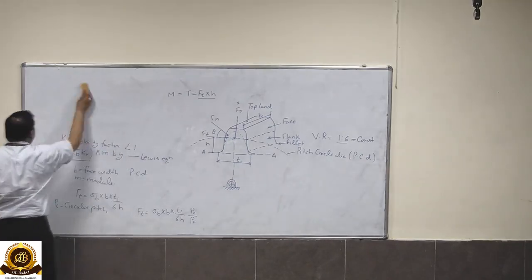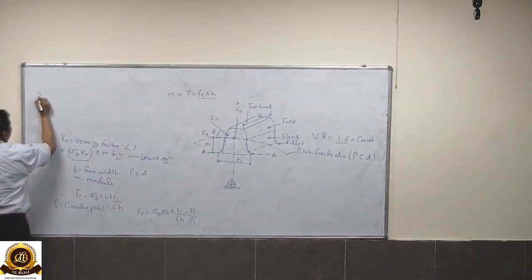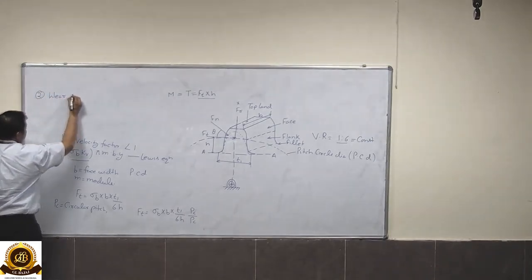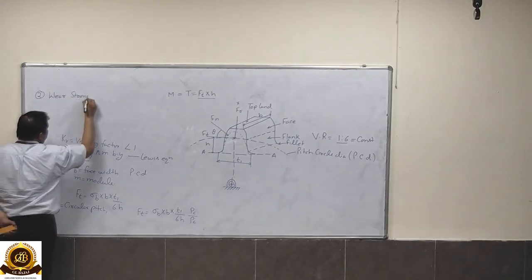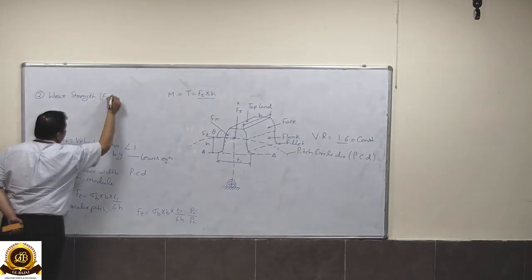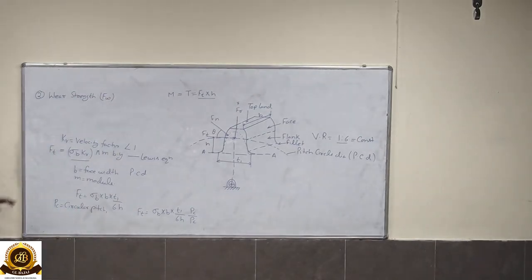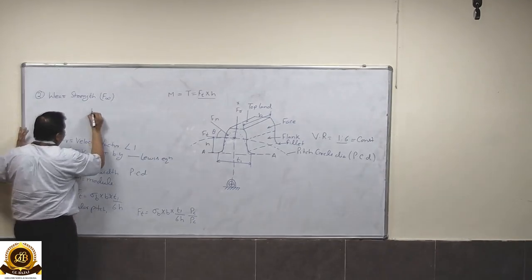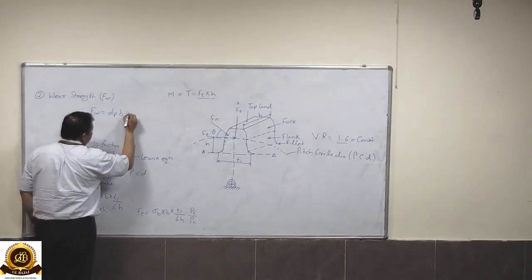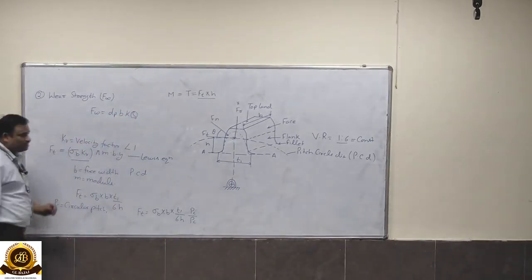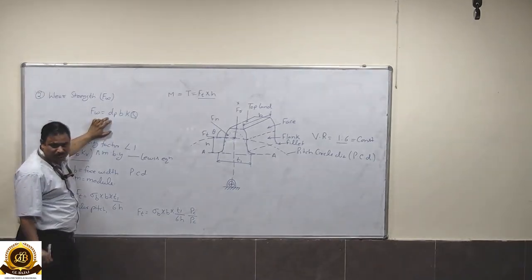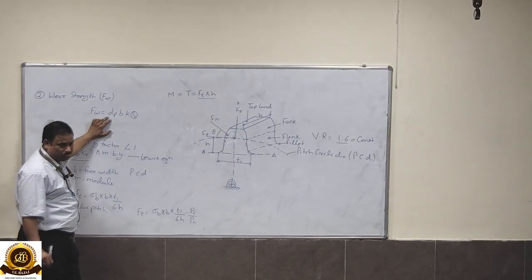One is, as we know, the wear failure, so we have to check the wear strength. It is denoted by Fw. Now with the help of the Buckingham equation, we can say that the wear load Fw equals dP into b into K into Q. One should remember that the pinion is always weaker in the case of wear load.